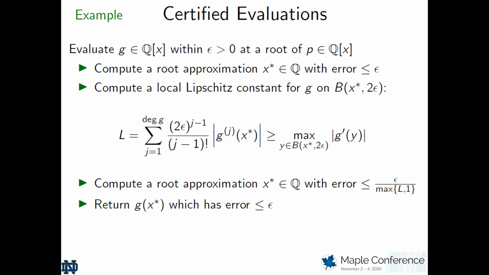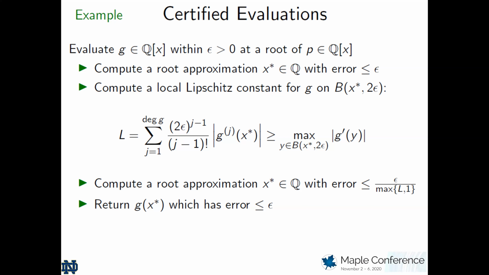And so the local Lipschitz constant is just anything which is bigger than the maximum of the derivative on the ball. And so we can use the derivatives, this sort of Taylor series expansion centered at x star, to be able to bound the derivative. Since g is a rational polynomial and x star is a rational point, we then have a rational Lipschitz constant.